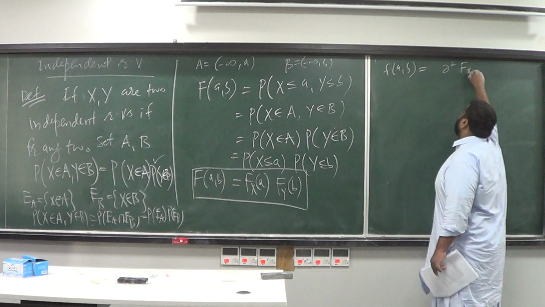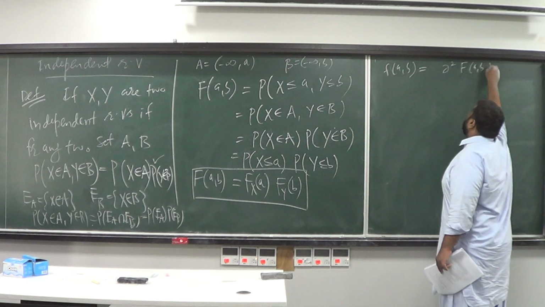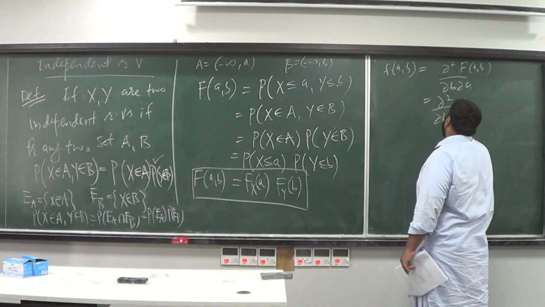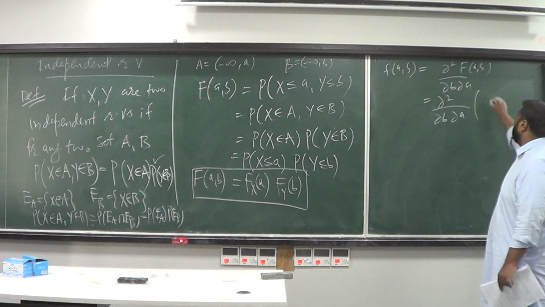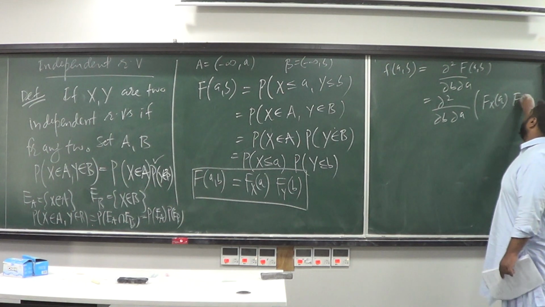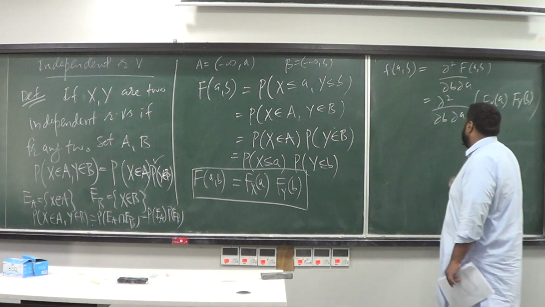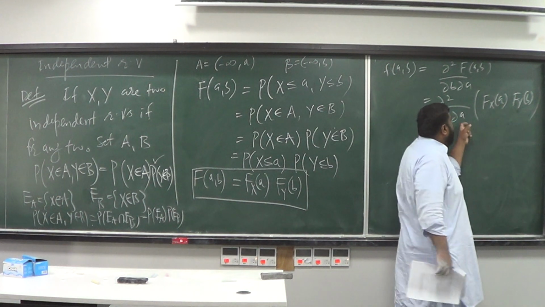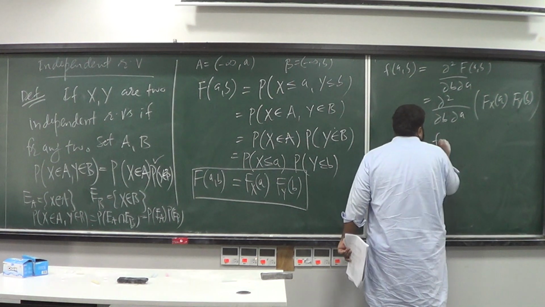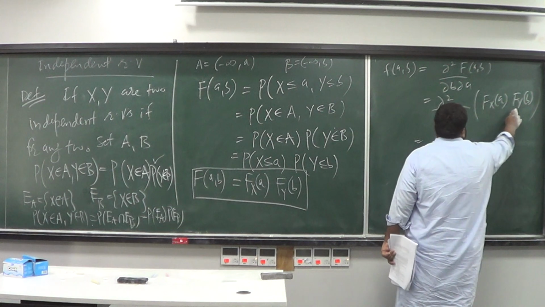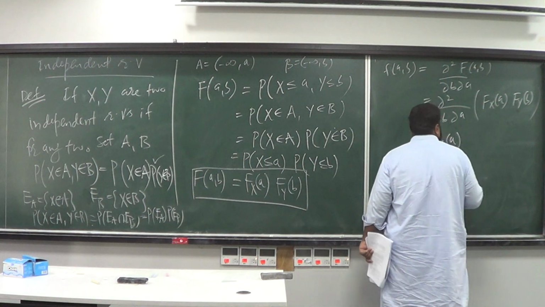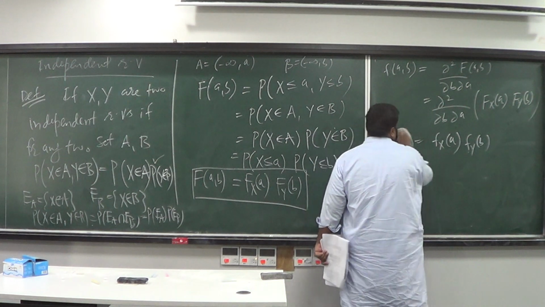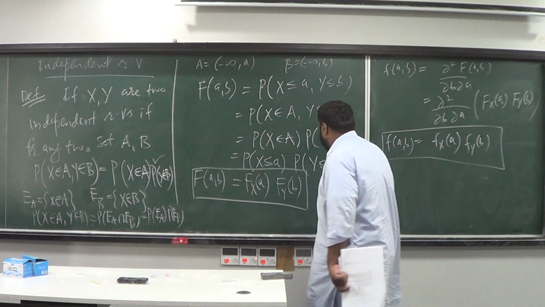I can take this F of A, B and differentiate it, say for example, first with respect to A and then with respect to B. So it's going to be F_X of A times F_Y of B. The derivative of this with respect to A is going to be small f_X of A, and then the derivative of F_Y of B with respect to B is going to be small f_Y of B.